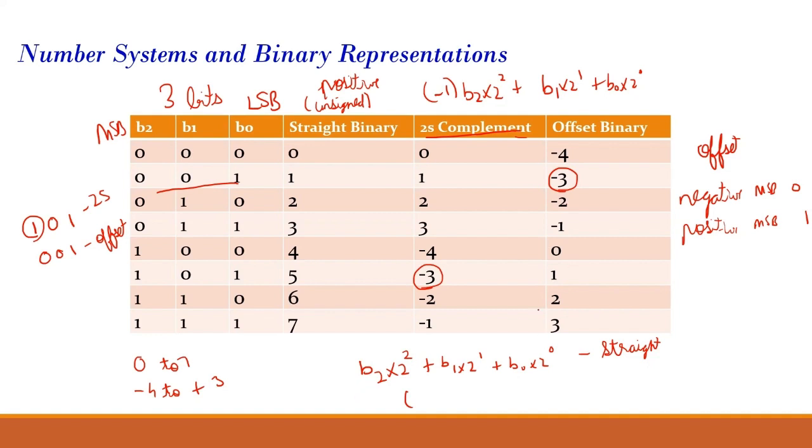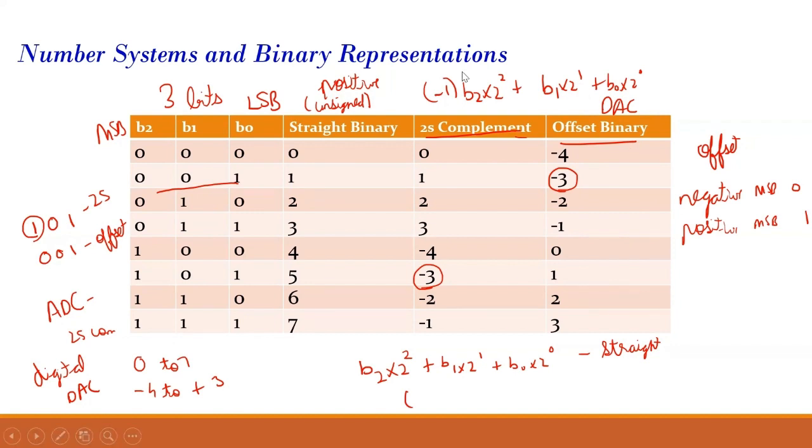Actually, our ADC will convert the input to 2's complement, and when we give that digital value to my DAC, it requires the offset binary format. The DAC which we use requires the data in offset binary format. That is why we are learning that.